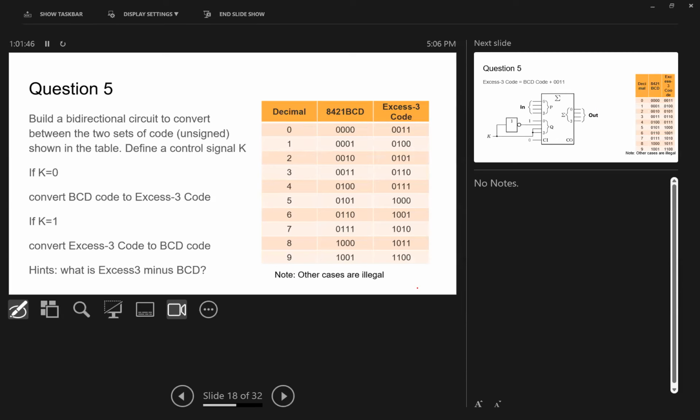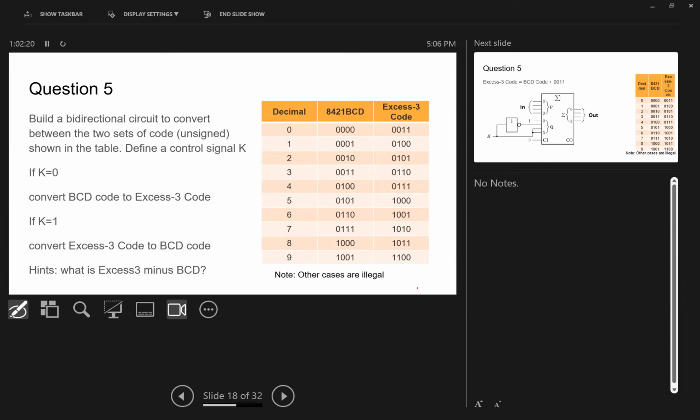Okay, so question 5 is that we are going to build a bidirectional circuit to convert between the two sets of codes shown in the table. Define a control signal k. If k is equal to 0, we are going to transform BCD code to the XS3 code. If k is equal to 1, we are going to convert XS3 code to BCD code. Actually, what's the relationship between your BCD code and XS3 code?